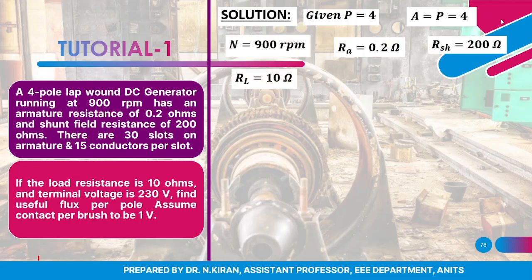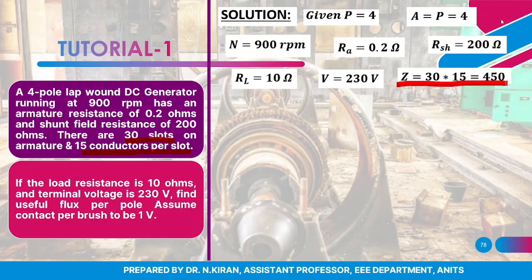Load resistance is 10 ohms. Terminal voltage is 230 volts. It is clearly mentioned that there are 30 slots on armature and 15 conductors per slot. So that will give me total conductors Z to be 30 into 15, that is 450.